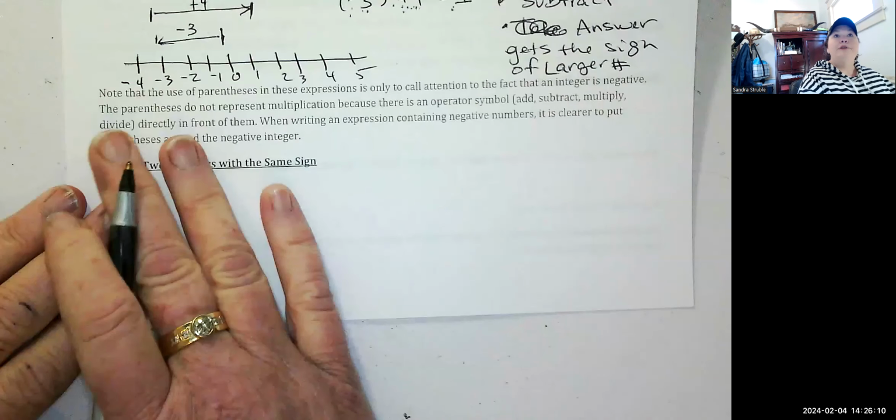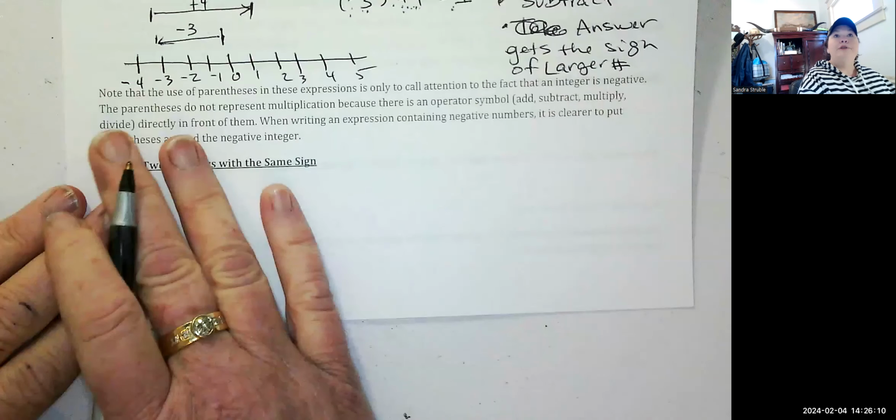When writing an expression containing a negative number, it's clearer to put parentheses around the negative integer. You'll see me use that a little bit as well. So if the numbers that you're dealing with, coming back up here to my original, are both positive or both negative, that's the part we're going to write down here.